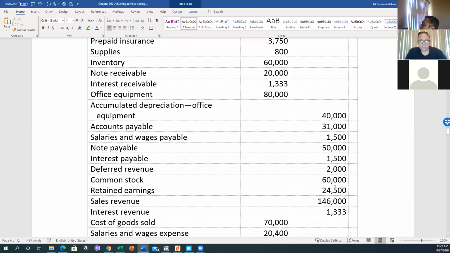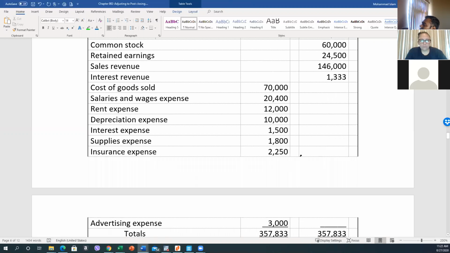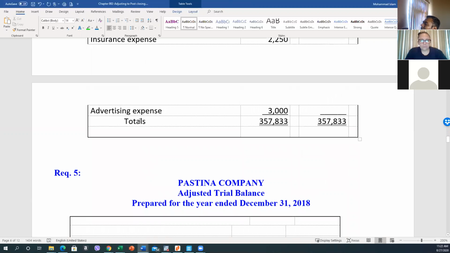And these accounts have credit balance, we have posted them on the credit side. And these accounts also have debit balance. So finally, our adjusted trial balance has 357,833 on both sides, they are equal.